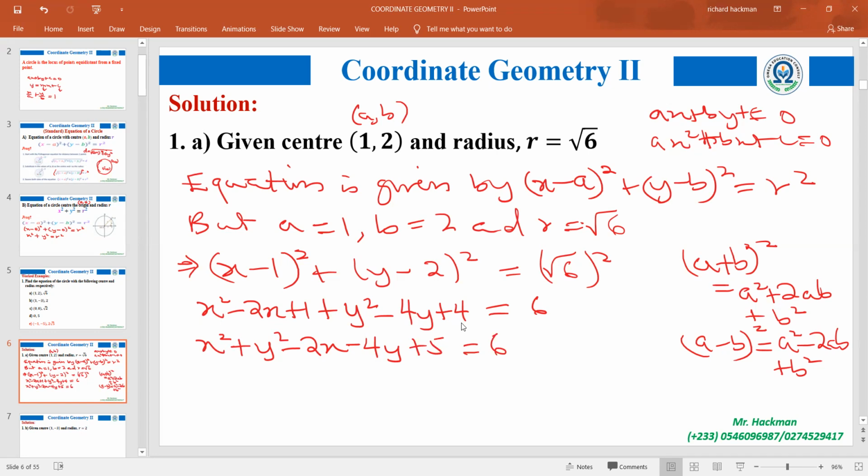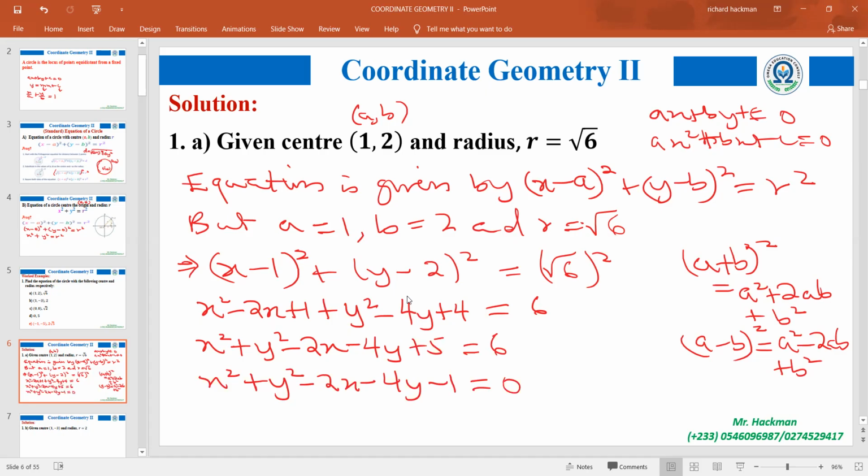Yes. But remember, we said in the equation, everything is supposed to be on one side equated to 0. So it means I have to bring this one to this side, and this side will be 0. So if I do that, I'm going to get x squared plus what? y squared minus 2x minus 4y. Then I will get 5 minus 6, which will give me minus 1 is equal to 0.